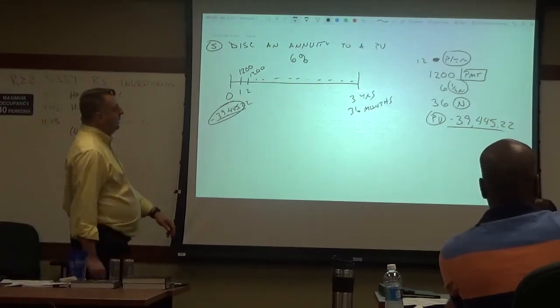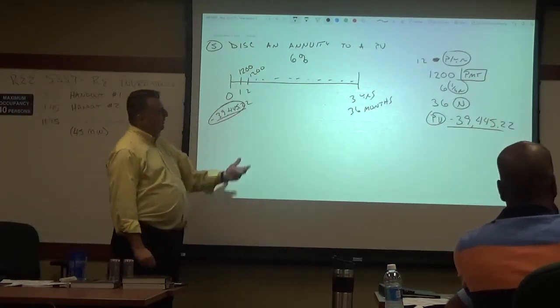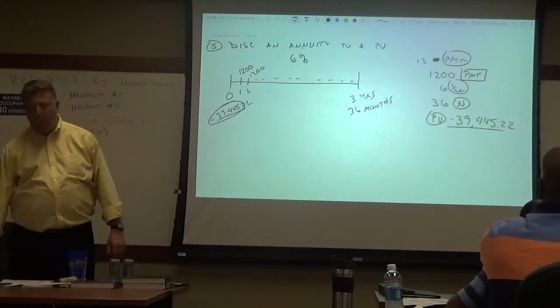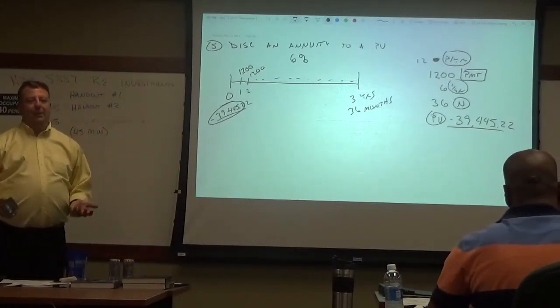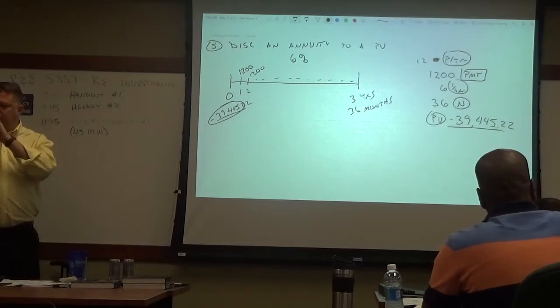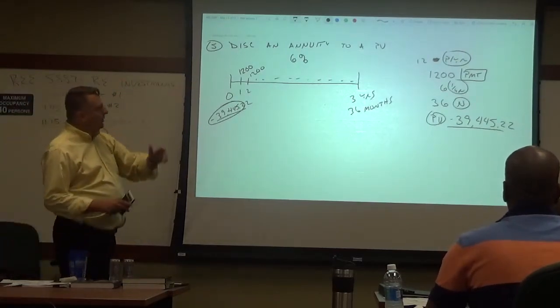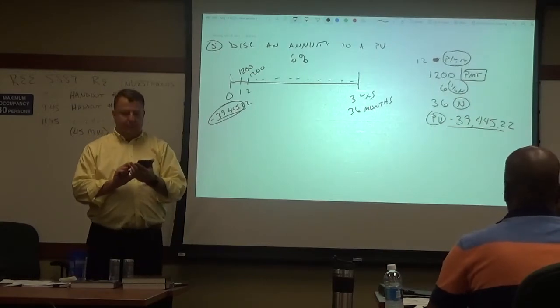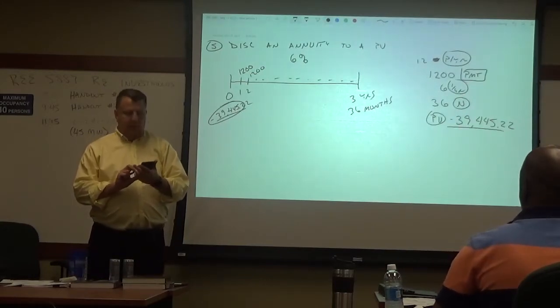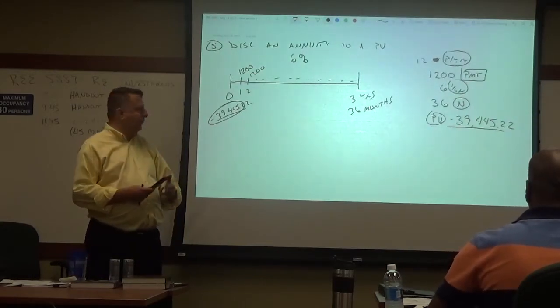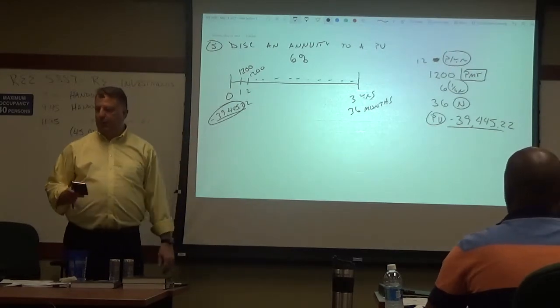Okay. So just for fun, how much cash money are we really talking about that we would be receiving? Ignoring the time value of money for a second, we're receiving $1,200 a month times 36 months, so $43,200.